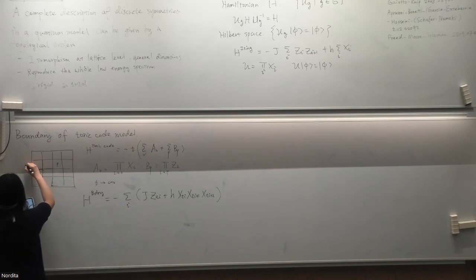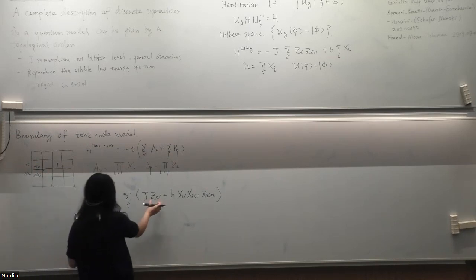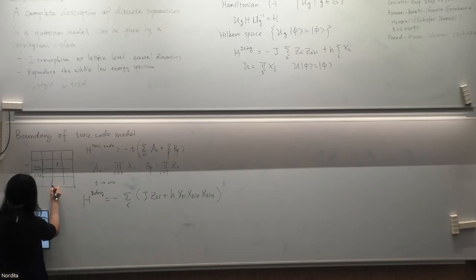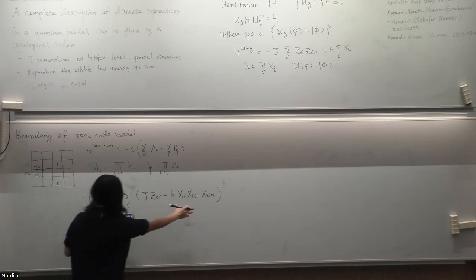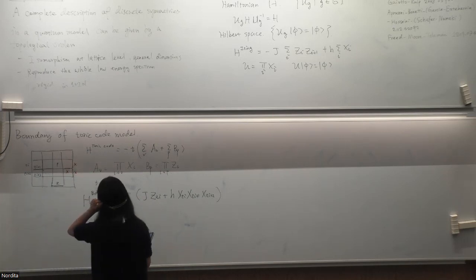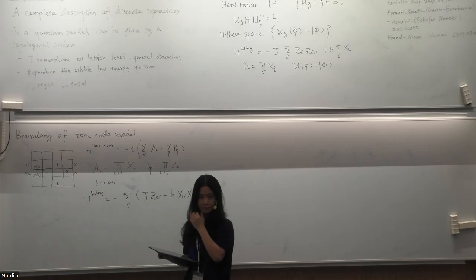So this is the 2i link, 2i plus 1 link, 2i plus 2 link, 2i plus 3 link, etc. So the first term means there's a Pauli Z operator only at the real boundary here, a single Z operator. And this term forms this T junction type, it's a product of 3 Pauli operators.